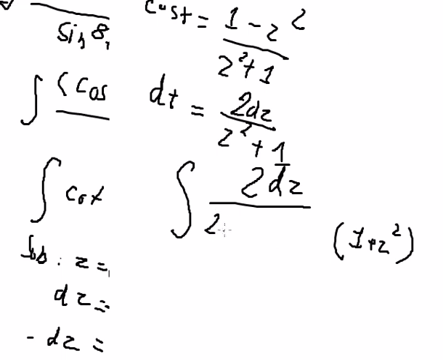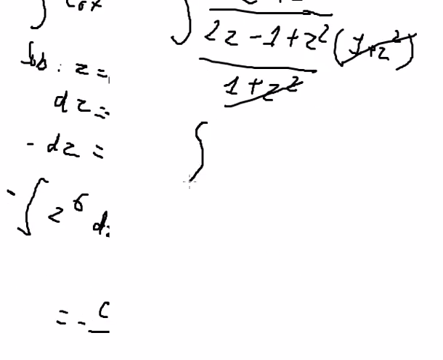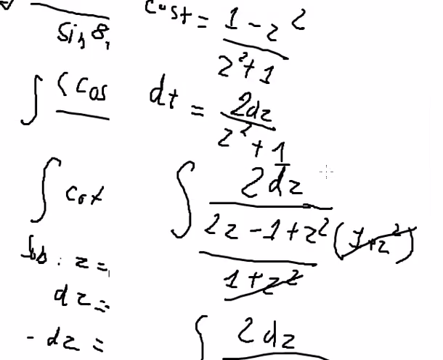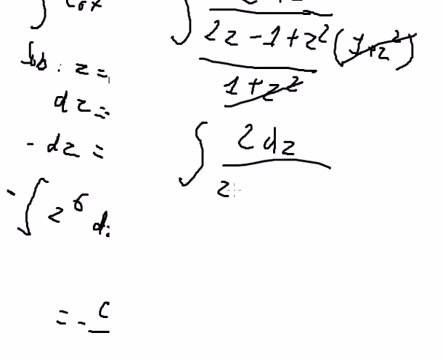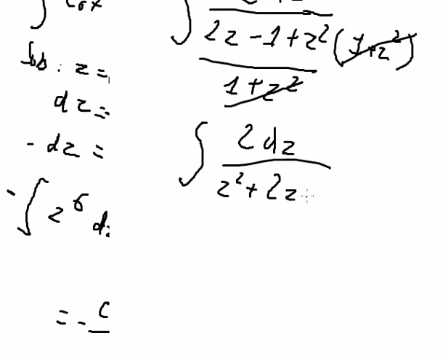To z, we have minus 1 plus z square over 1 plus z square. This one they will cancel. So you got 2 dz over z square plus 2z minus 1.